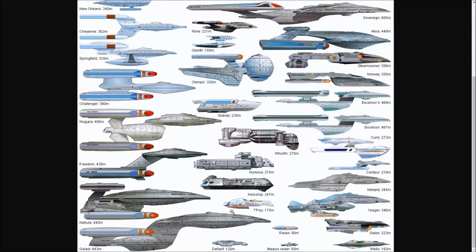It's a Galaxy class that has three nacelles. It's got those special phaser shooters that are on stalks coming off of the saucer section, and it has this big, I forget exactly what it's called, but it fires a beam that's underneath the saucer section and unfortunately covers up the captain's yacht, which is still visible.